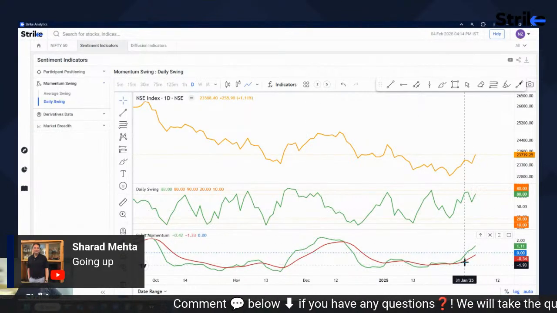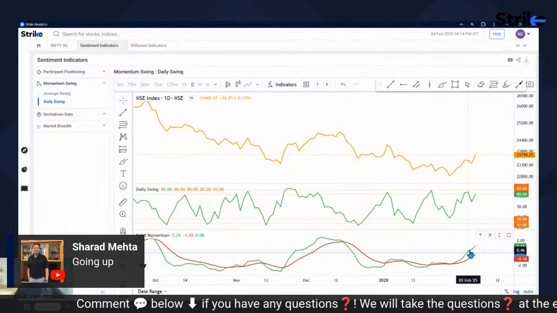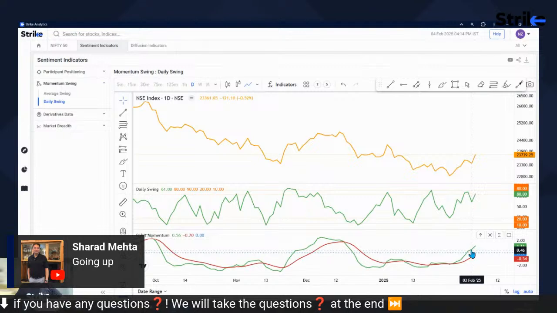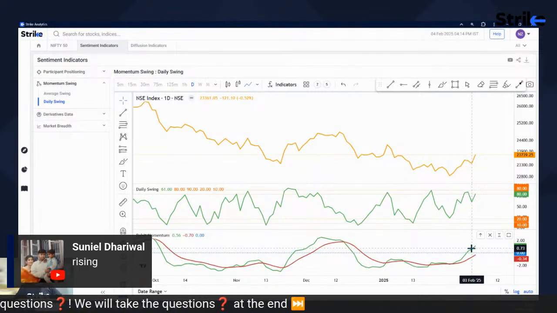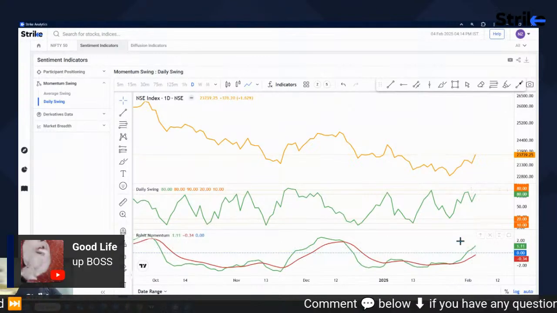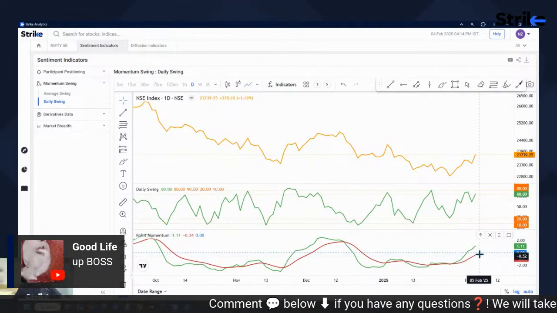So right now this RMI is nothing but the momentum indicator. It works like MACD, and it gives you quicker signals, better than MACD. So it is rising.